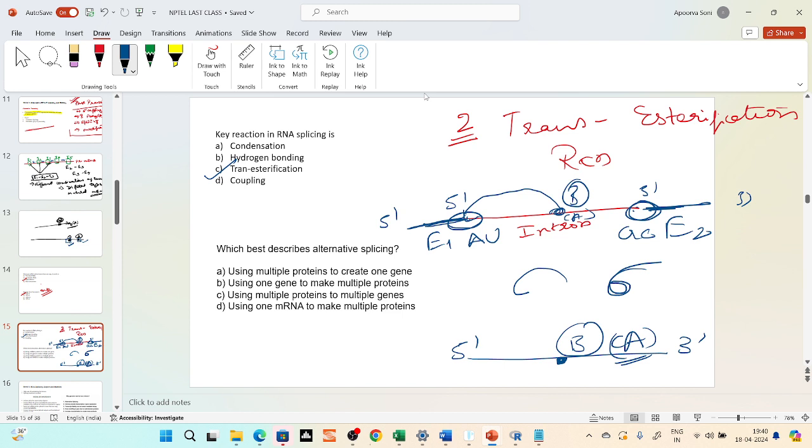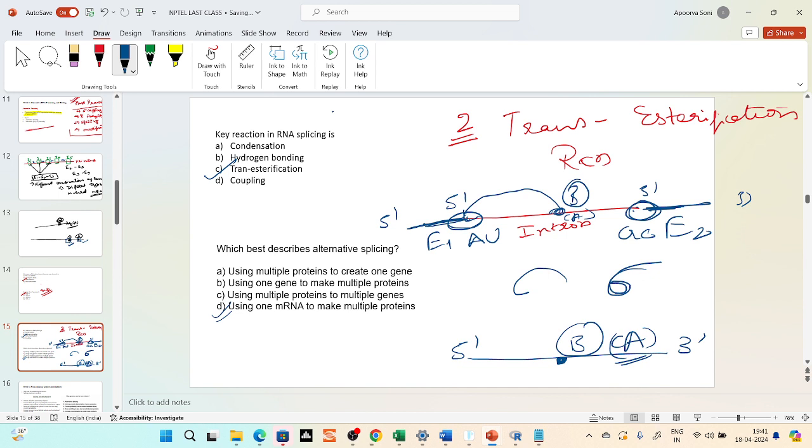We are not talking about gene. Gene means which has introns and exons both. In your basics, if you remember, gene has introns also and gene has exons also. But in alternative splicing, we do not talk about genes. We talk about RNA. Specifically, we're talking about mRNA. So the answer would be D. That is using one mRNA to make multiple proteins, not using one gene.